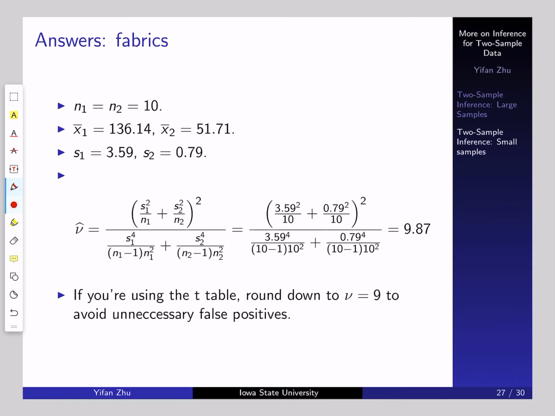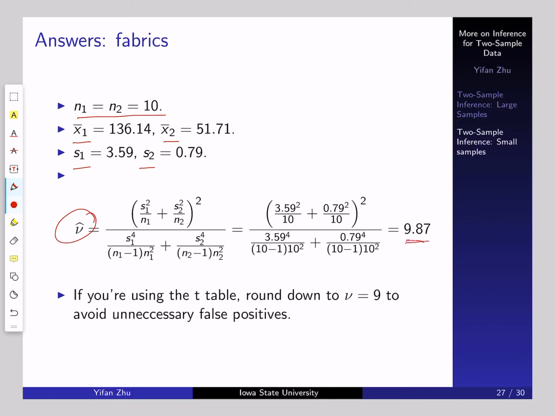So the first thing is that we calculate n1, n2, x1 bar, x2 bar, s1, s2, and then we have the approximate degrees of freedom using that formula. So there is a degrees of freedom of 9.87.